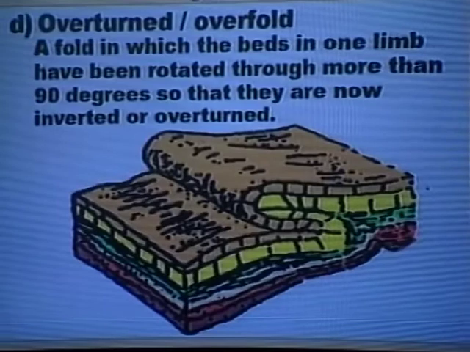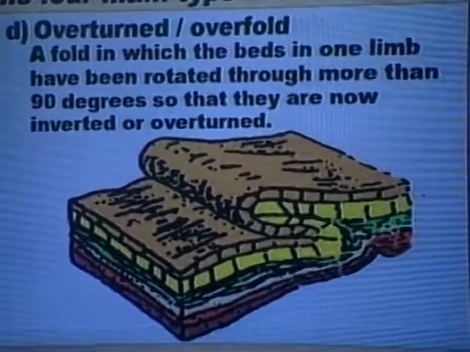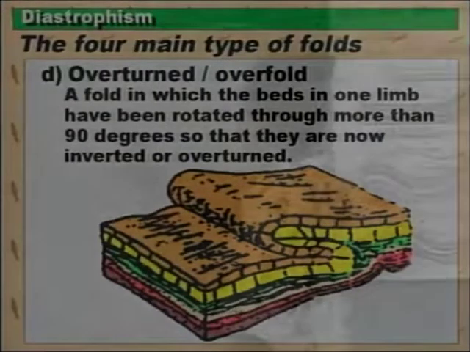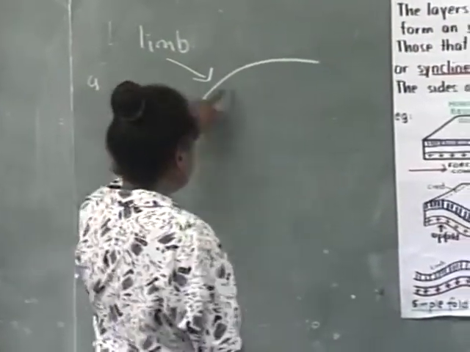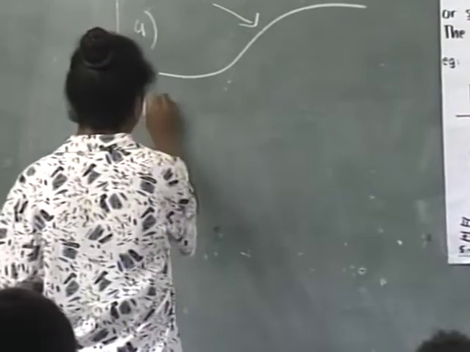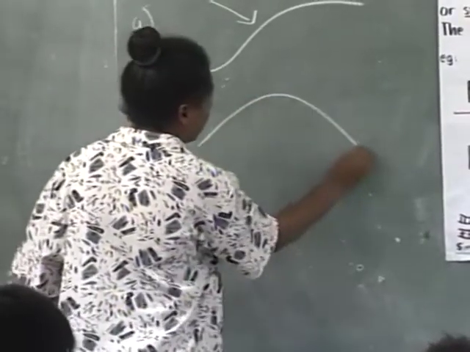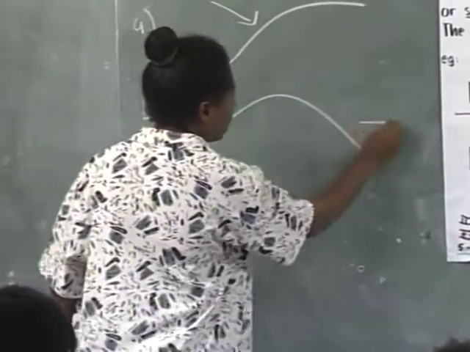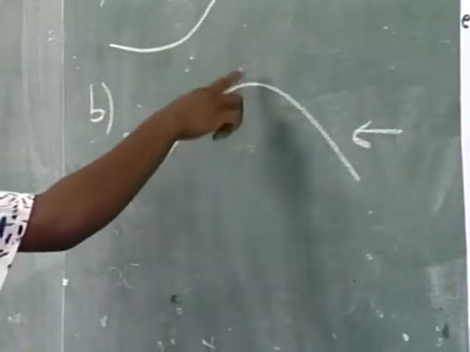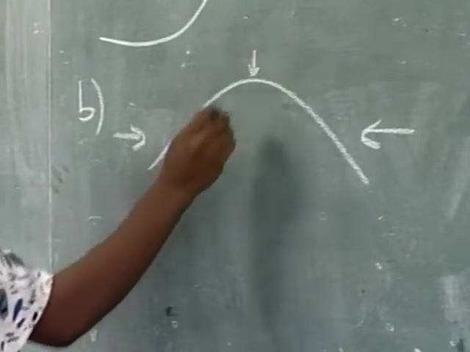If I had to construct a simple diagram on the board to show those four different types of fold that we have looked at, the first one has been done already, a monocline with one limb. We can have B, an anticline. This time you have two limbs, but the area which has been uplifted here is an anticline.